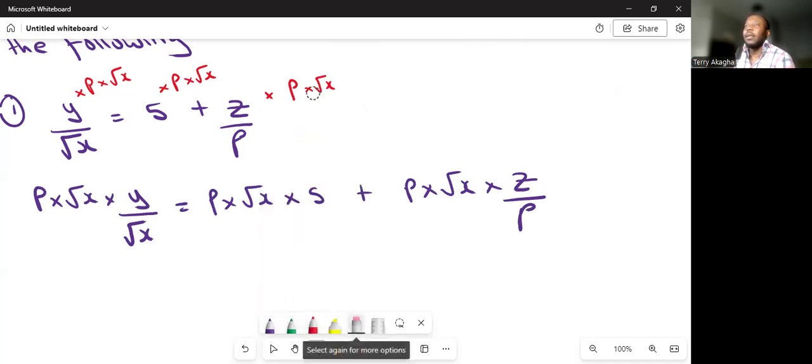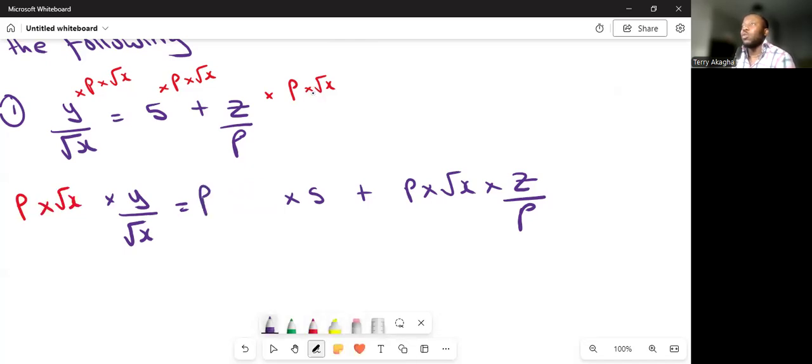Better still, I can write this with red so you know that that is what I'm multiplying with. For those taking notes, it will be easy for you to figure it out. So we have p multiplied by square root of x, and also p multiplied by square root of x. Square root of x will cancel this, and p will cancel this.